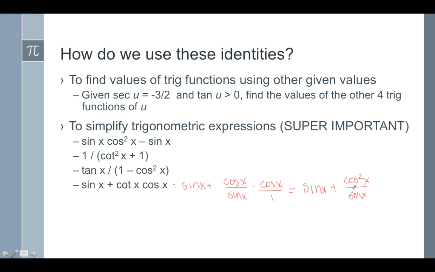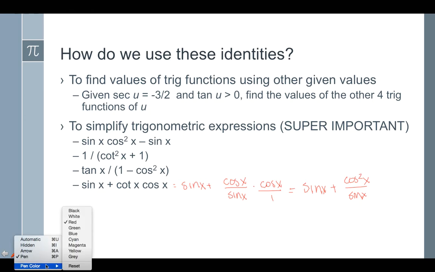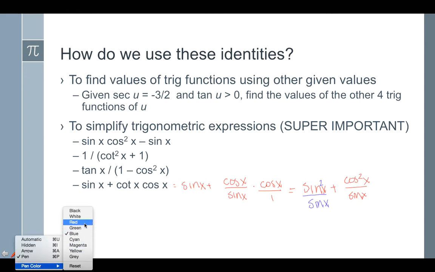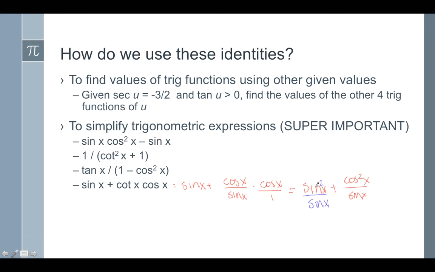Now, my denominator of this fraction is sine, which means if I was to change a color here, let's go with blue. If I multiplied by sine over sine, I would get sine squared over sine. Now the reason I'm going to do that is so I can now have two fractions that I can add together.